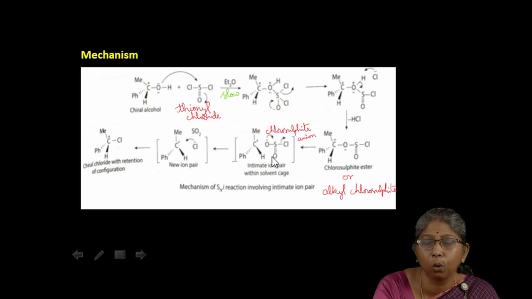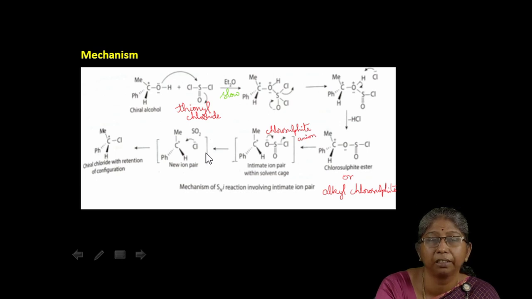Intimate means they are very, very close, and so we cannot separate them because they are bound in a solvent cage. Then sulfur dioxide is removed, and the chloride forms a new intimate ion pair with the carbocation, and sulfur dioxide alone is removed, all inside the solvent cage.